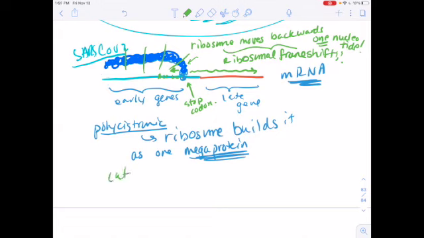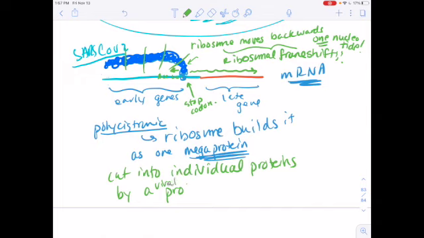So it's cut into individual proteins by a viral protease. Sometimes they're called proteinases, but this is a protease, and it chops it up into individual functional proteins.